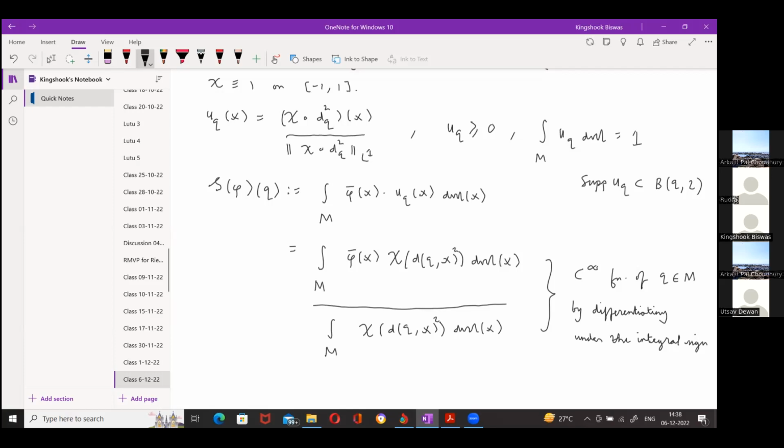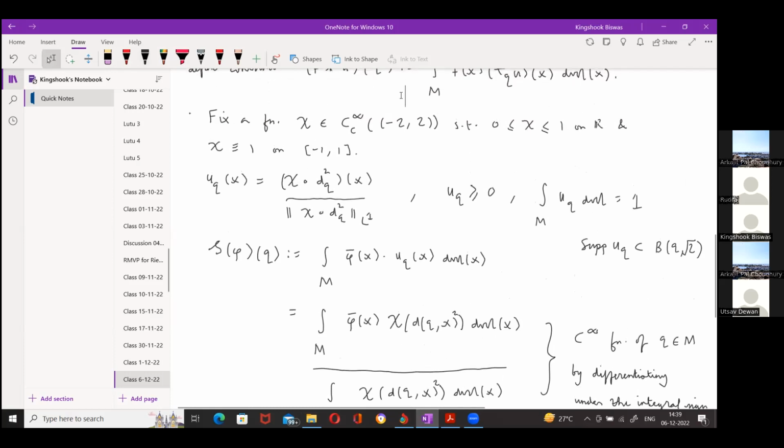Actually, it will be inside the ball of radius square root 2. Because if the distance is bigger than square root 2, then the distance squared is bigger than 2. That means chi of the distance squared is 0, right? Okay, because chi is supported in the interval from -2 to 2.